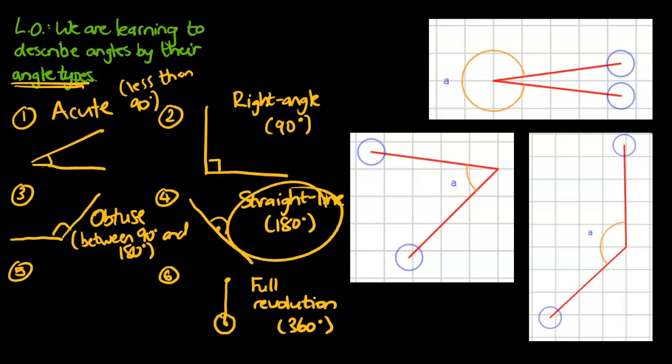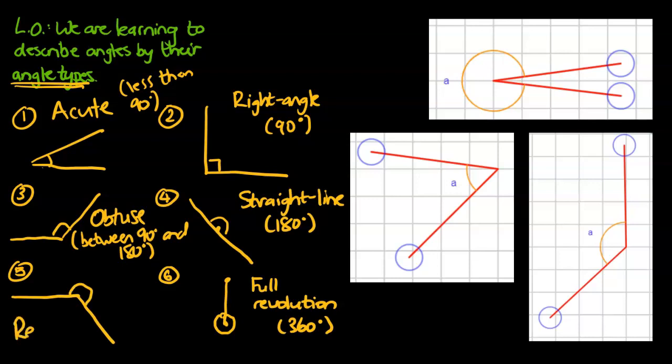We've now got 180, and we're down to 360. So there's going to be something between this 180 and this 360, and those are our reflex angles. If you go down this way, and then maybe down here, it's not the short angle in the middle, it is the long angle going around the outside.